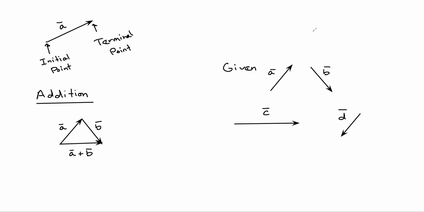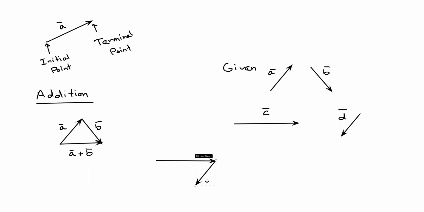To figure out the sum of vector C plus vector D, you start off with C, you draw that, and then you take vector D and draw it.